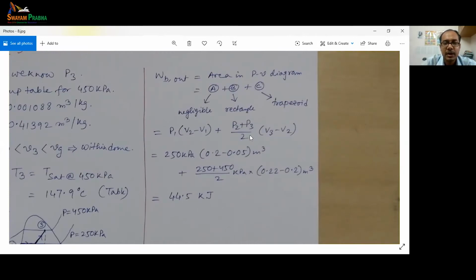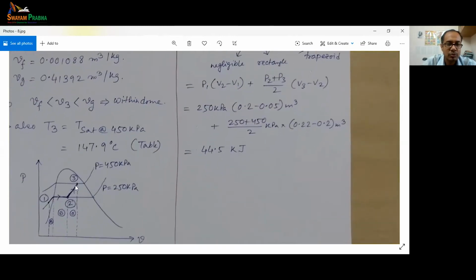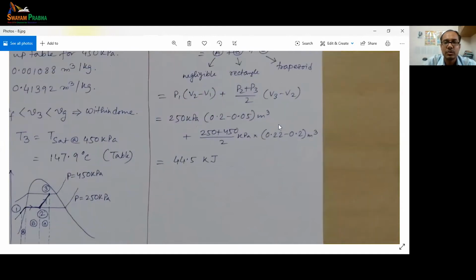So the area will be P2 plus P3 by 2, that will be the average pressure for this process from 2 to 3, and the change in volume is V3 minus V2. So everything is known here. We have found all of them in earlier steps. So we can just put those values and we find this is 44.5 kilojoule.